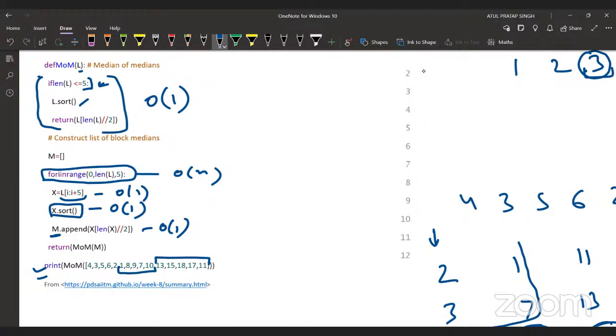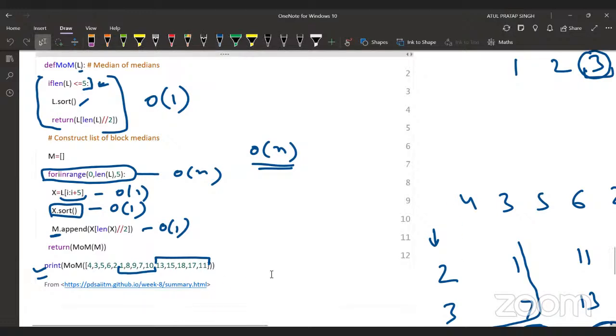Because of that, the overall complexity is order of n. So we are finding the median element in order of n time, and we are not increasing our complexity to find the median element.